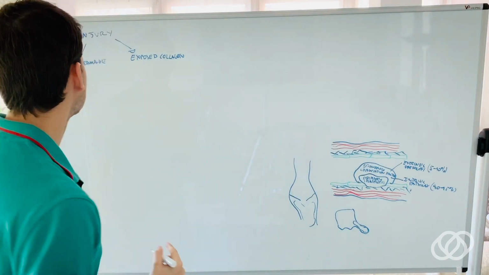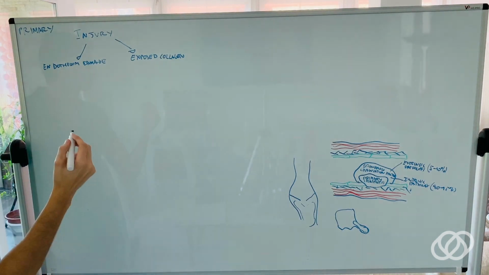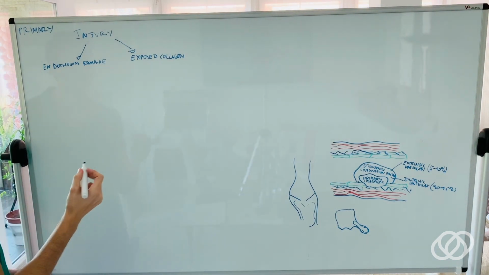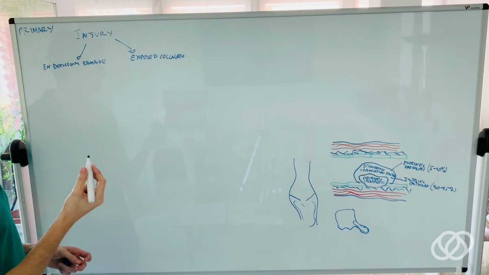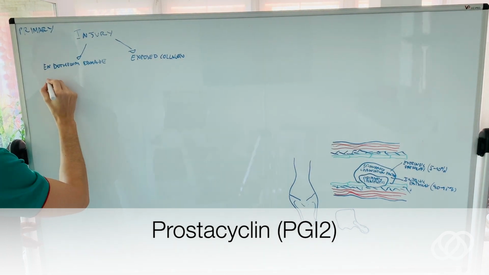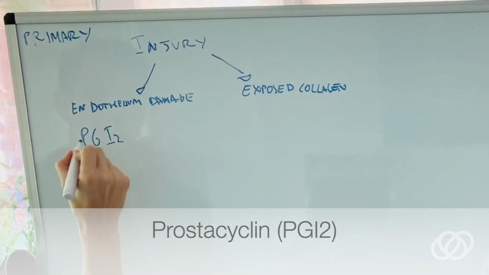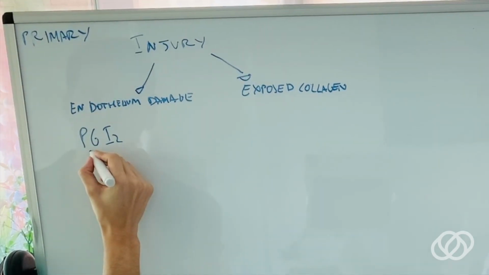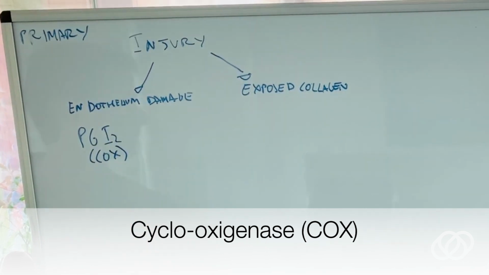So we know that the endothelium is an organ that produces several substances. For example, one substance it produces is a prostaglandin called PGI2. This is produced by an enzyme called the cyclooxygenase enzyme.